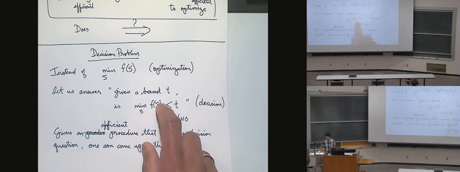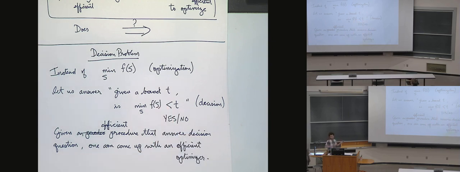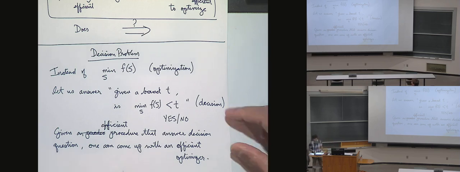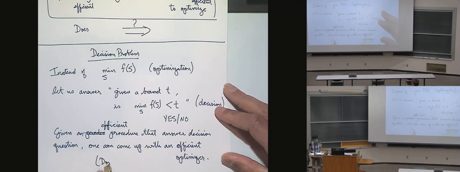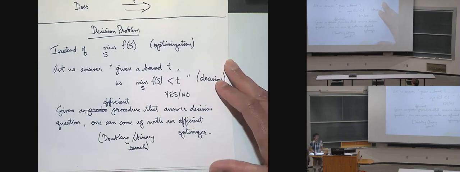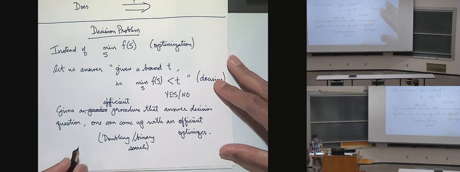You could say, I know what the shortest path is. Is it less than 1? No. Is it less than 2? No. Is it less than 4? No. Just keep doubling, right? So you can do some kind of iteration, doubling or binary search.